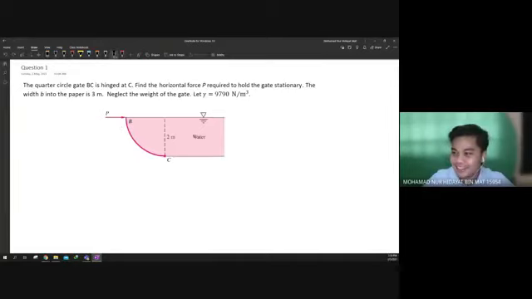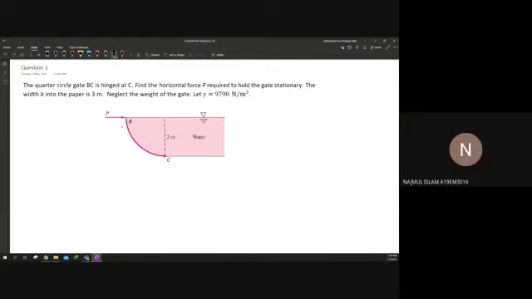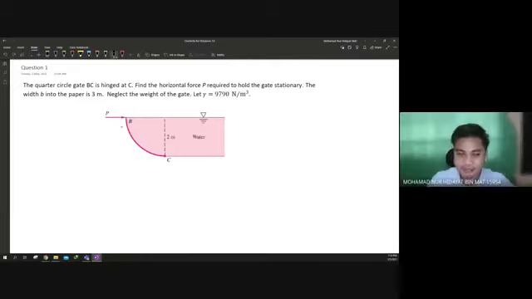Okay, so how to solve this one, everyone? Remember that when we have the curve, how many force that we need to involve here? How many force? If this is curve, we have a horizontal and the vertical, and there's no weight of the gate, so no weight of the gate. Yes, perfect.